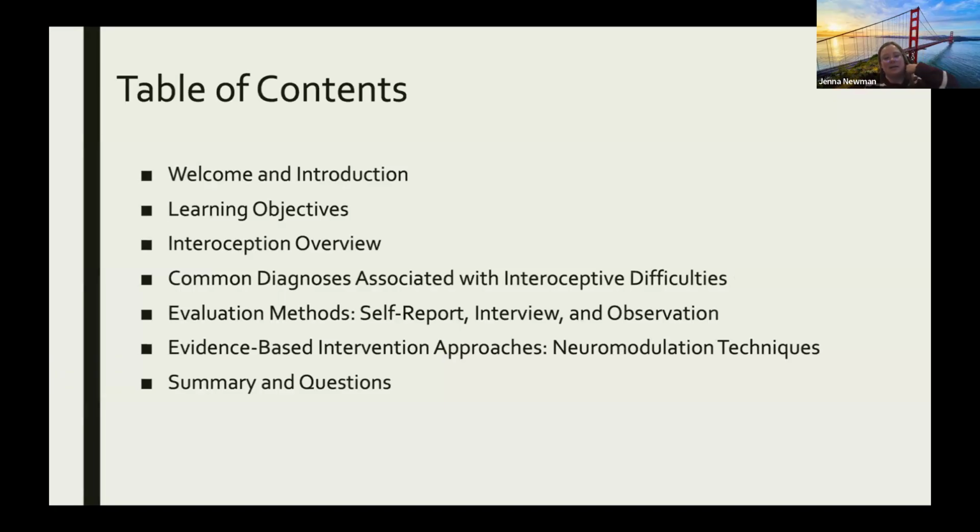And then I'm going to discuss some different evaluation methods that we can use to determine when an individual is having some trouble in this area. And then I'm going to discuss evidence-based intervention approaches, which use neuromodulation techniques to support growing interoception skills. I'll give a little summary, and then I'm going to open it up for questions at the end.